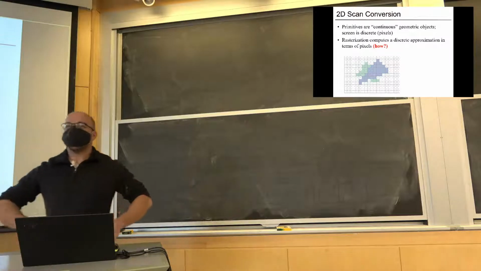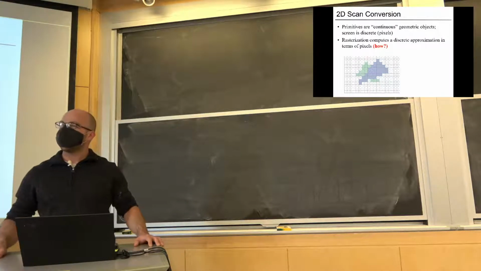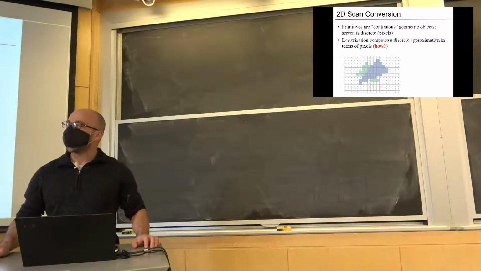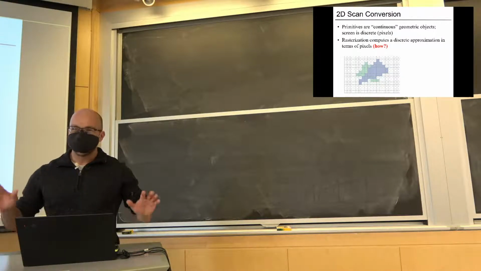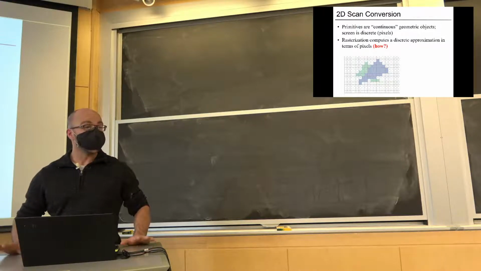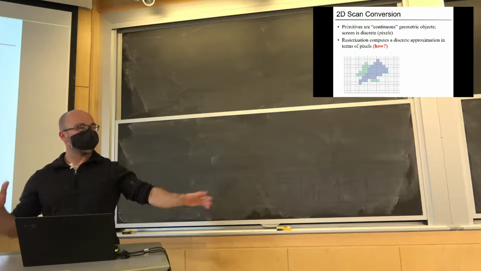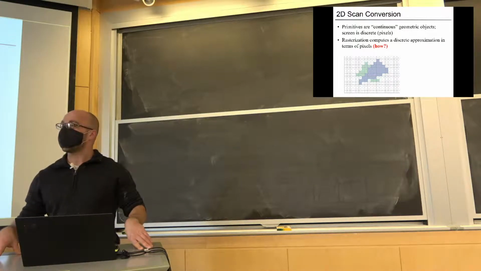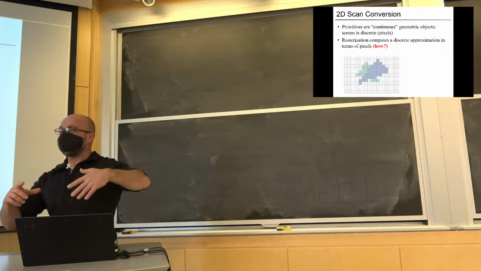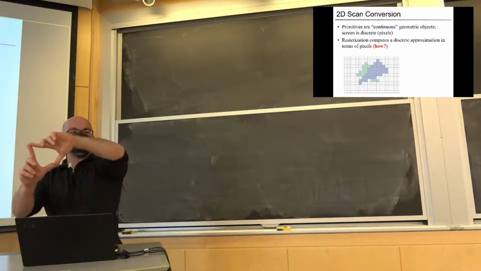Notice that this is one of these things where if you implemented it at home, it would probably be fine and work 99.9% of the time. But to get that last 0.1% and to guarantee that rasterization works properly is actually really annoying, because you have to worry about rounding and floating point and all that kind of stuff. Because what you really don't want to happen is, I'm streaming one triangle at a time, right? I don't get to remember my whole scene. Let's say I have two triangles that share an edge.